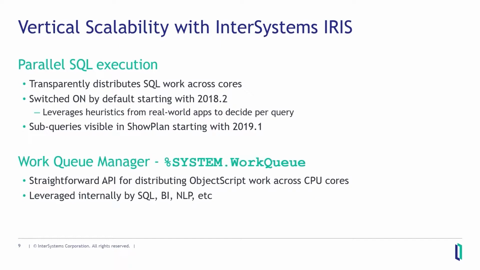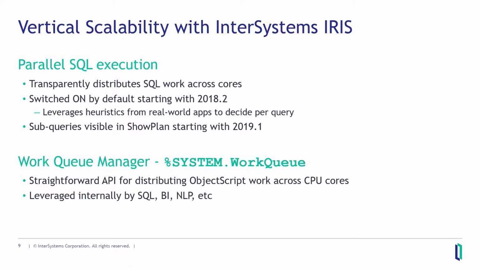You had to choose the queries for which you think it performs well, and then we would do it. By now, we have collected enough heuristics from real-world applications to make that decision for you. So now, from InterSystems IRIS 2018.1, we will automatically parallelize all queries for which we know that it makes sense, unless you tell us not to.